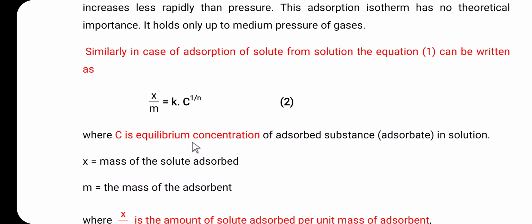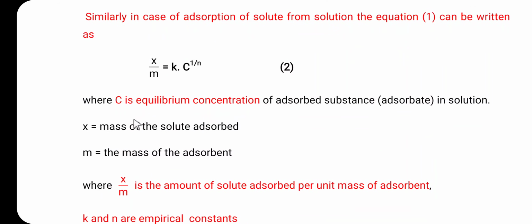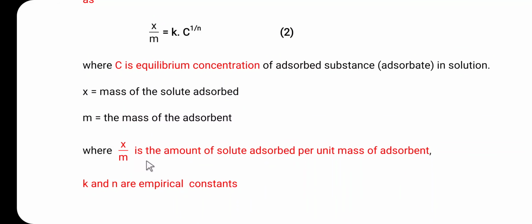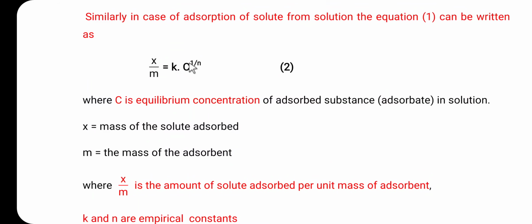Here c is the equilibrium concentration of the adsorbed substance, that is the adsorbate, in the solution. x is the mass of the solute adsorbed, m is the mass of the adsorbent, x/m is the amount of solute adsorbed per unit mass of the adsorbent, and k and n are empirical constants. This is the equation for the Freundlich adsorption isotherm for the adsorption of a solute from solution.